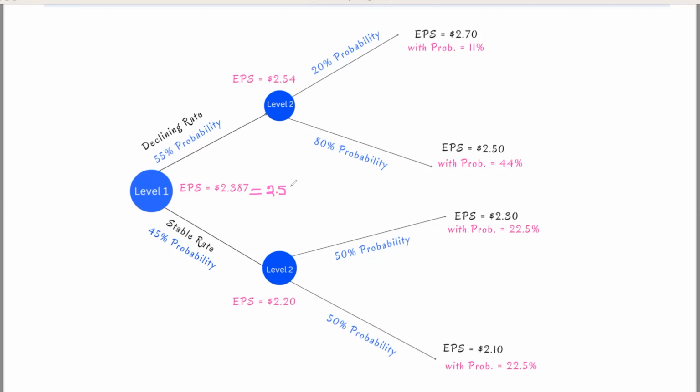This value incorporates the influence of both potential interest rate environments and their respective probabilities, providing a more comprehensive picture of the anticipated EPS. So our overall expected EPS, taking into account both declining and stable interest rate environments, is approximately $2.39.